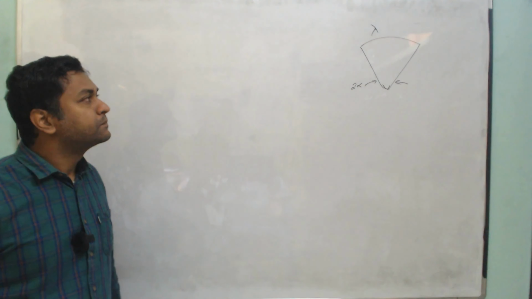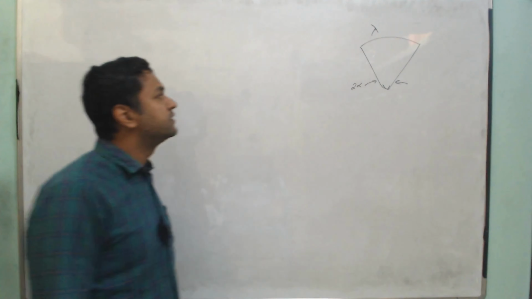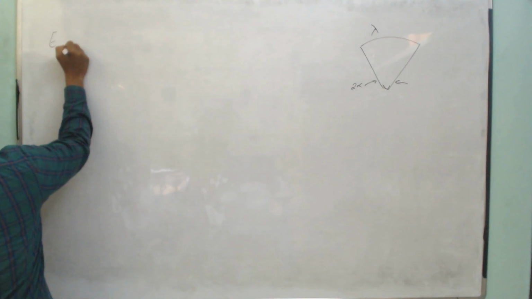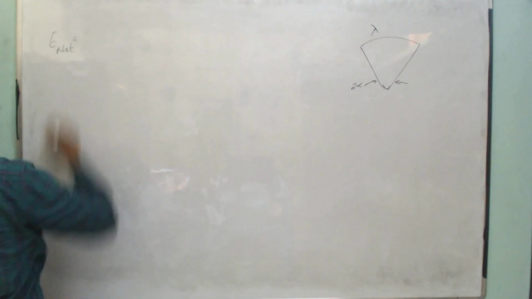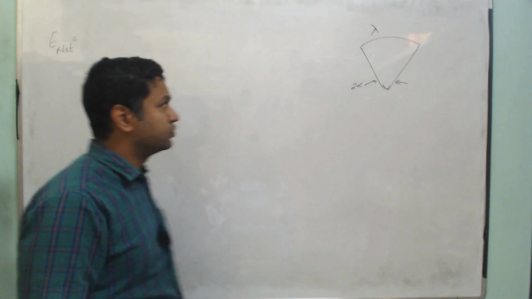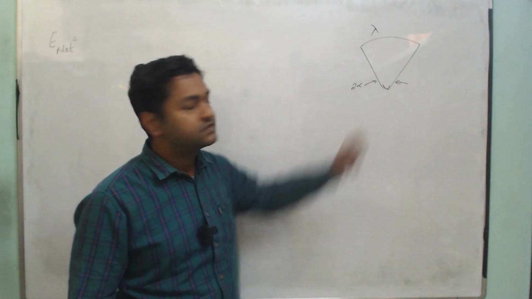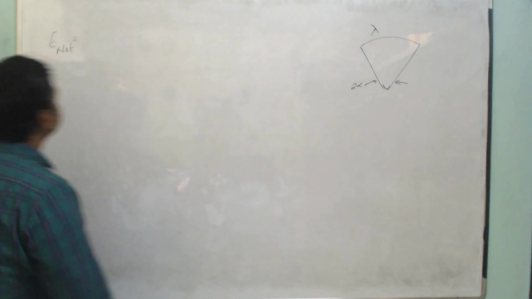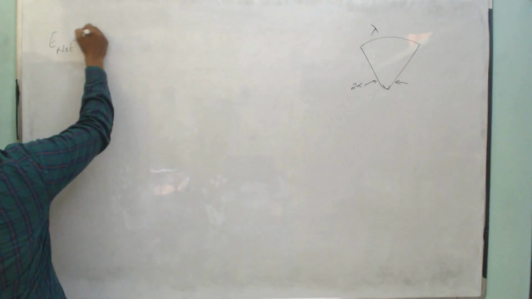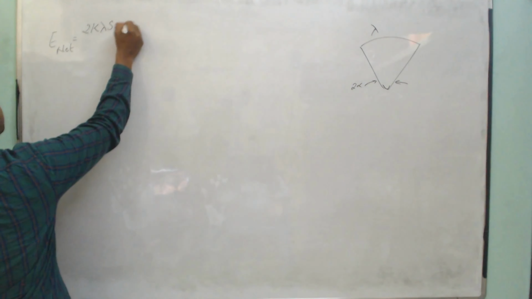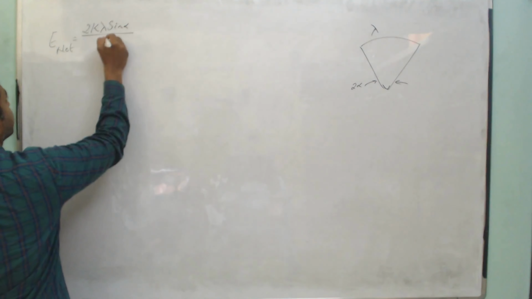So the net electric field due to this wire at its own center, in terms of lambda, we got as 2k lambda sine alpha divided by r.